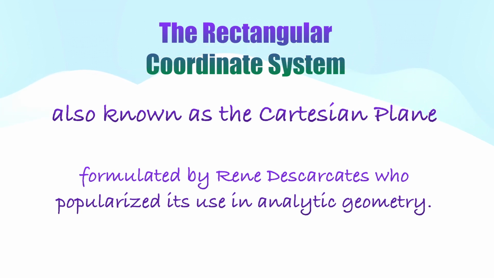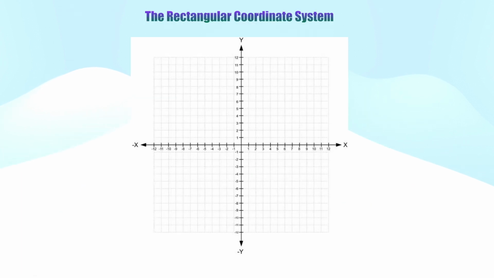Now, this is the rectangular coordinate system. The rectangular coordinate system is composed of two intersecting lines. The horizontal line, which is the x-axis, and the vertical line, which is the y-axis.